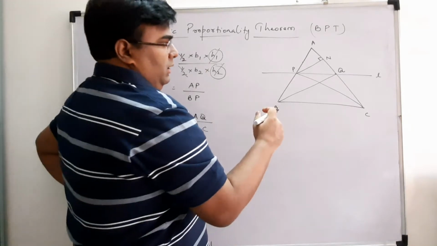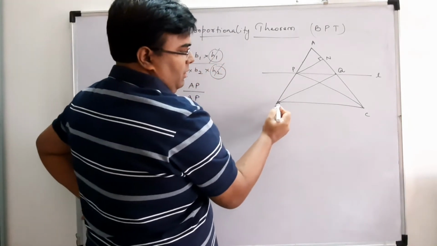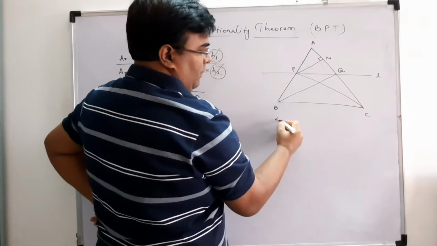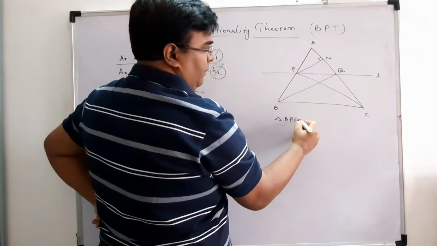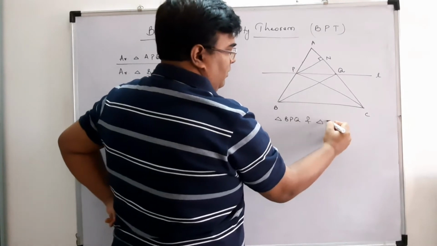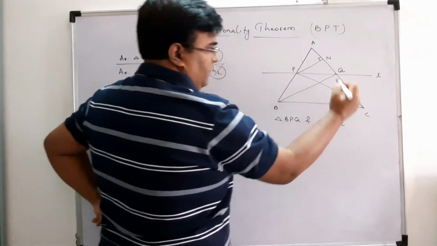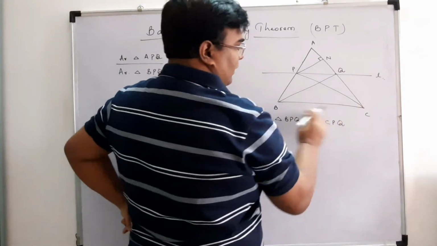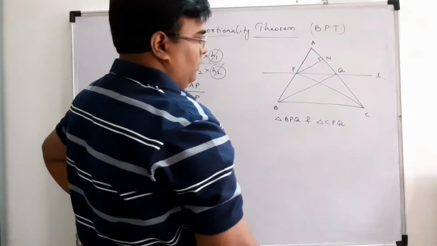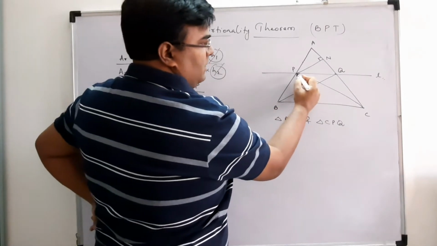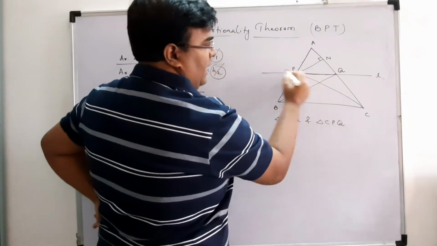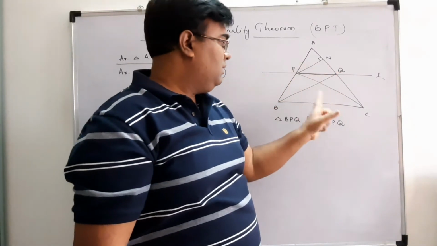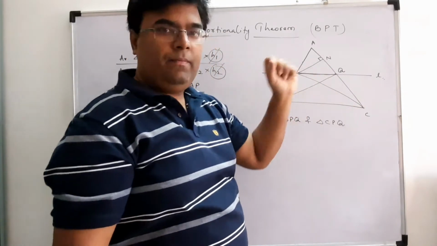Now take these two triangles, triangle BPQ and triangle CPQ. It was given that this line is parallel to BC. So if I take this PQ as my common base, this base is common to both triangles, triangle BPQ and CPQ, okay?